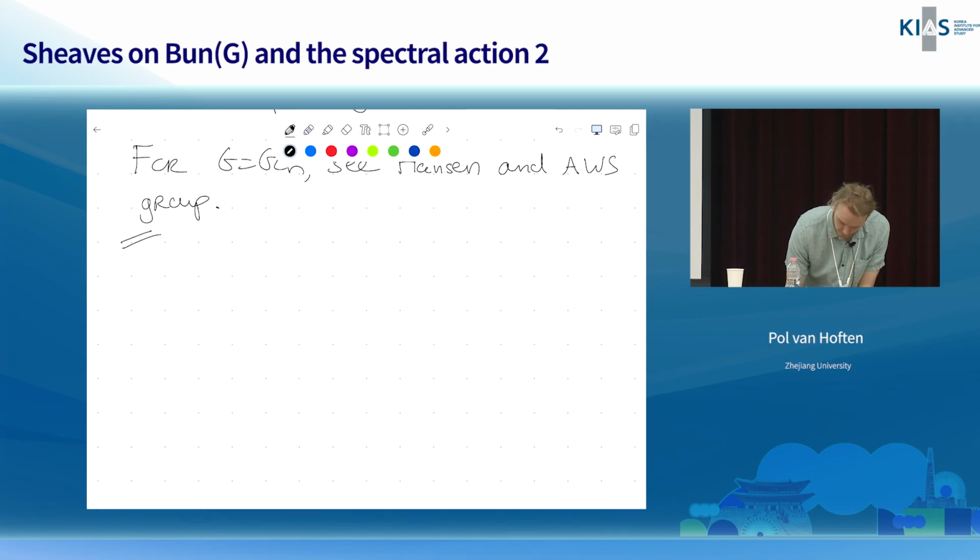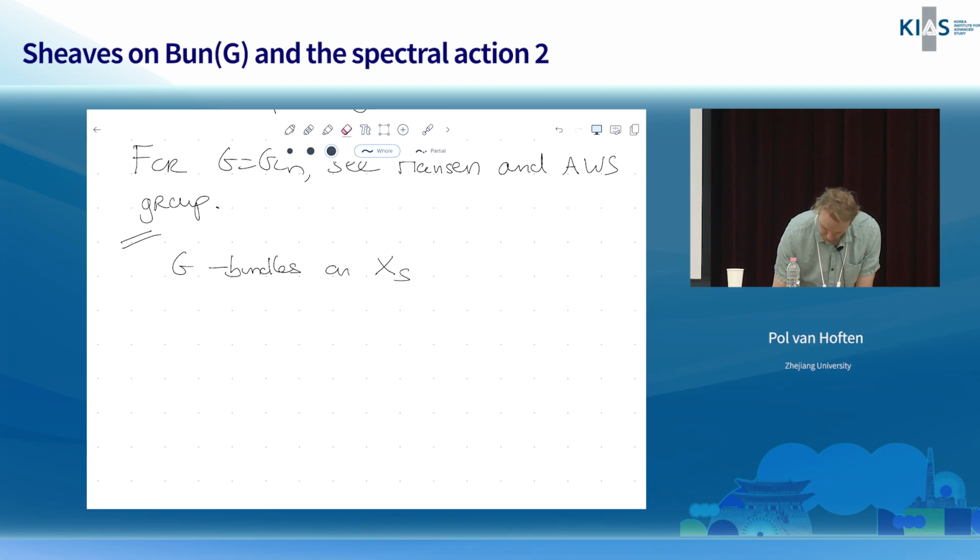G-bundles on the relative Fargues-Fontaine curve, what are those?